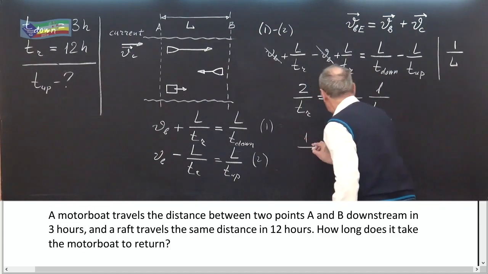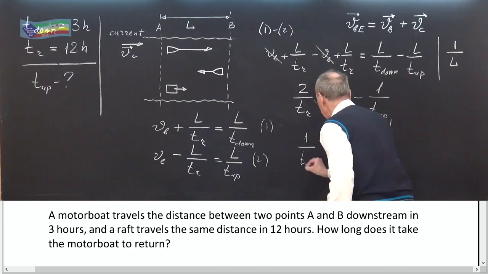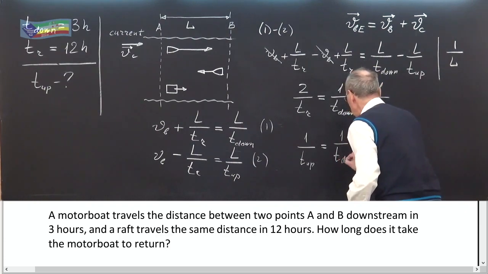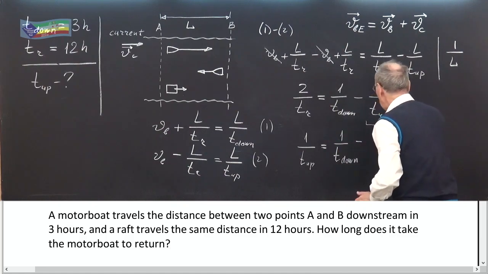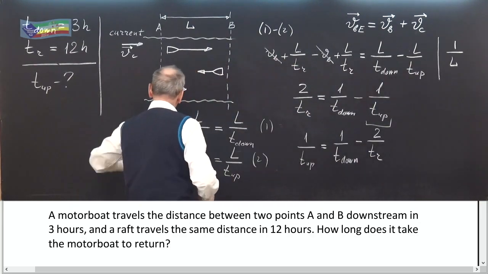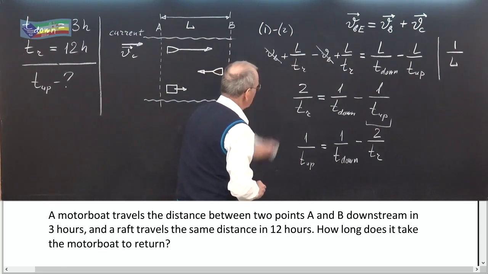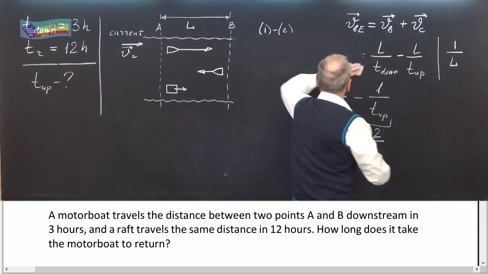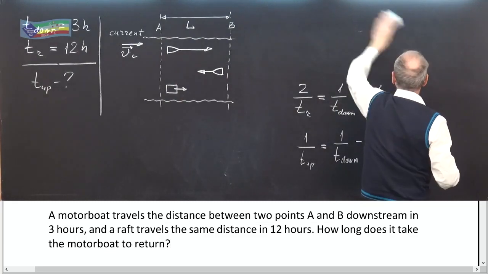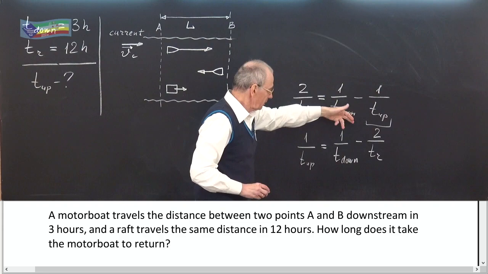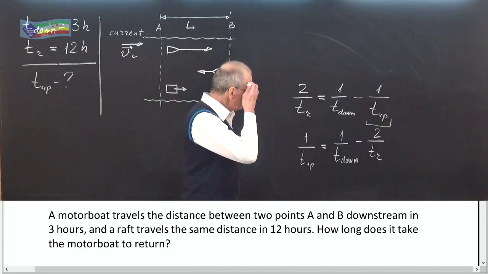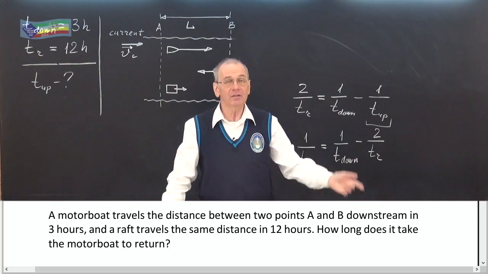We have unit over T up equals unit over T down minus 2 over T R. Now, let us bring these two ratios to the common denominator.